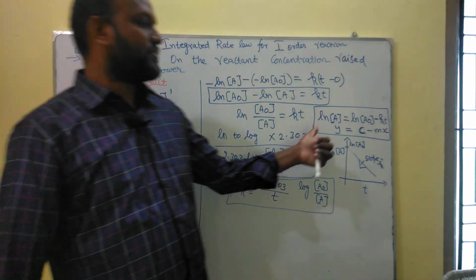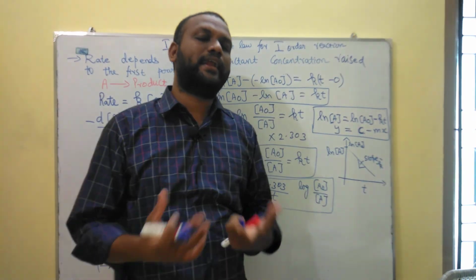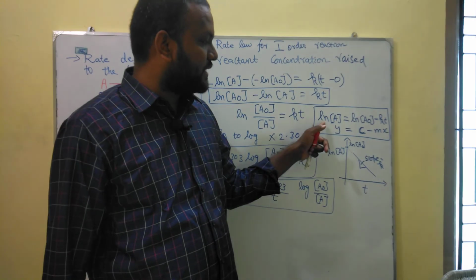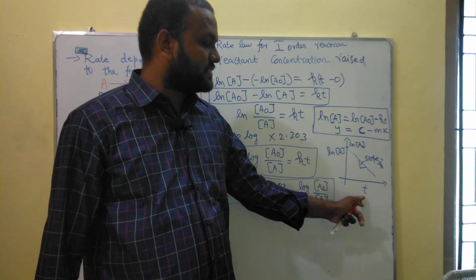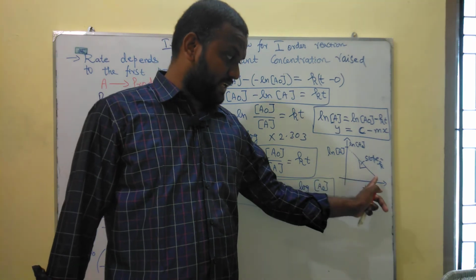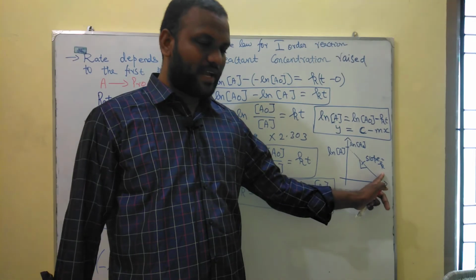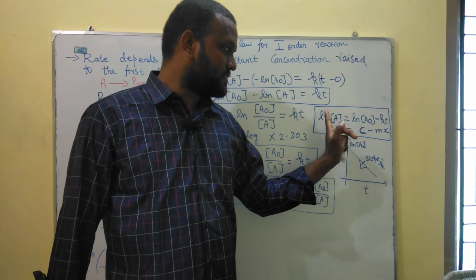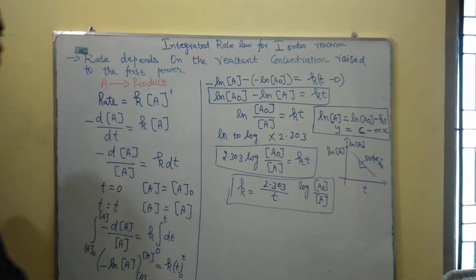So this is a straight line equation for the integrated rate law for a first order reaction, and the graph is drawn between ln A versus time. ln A versus time will give you a straight line with the negative slope value k and y-intercept of ln A0.